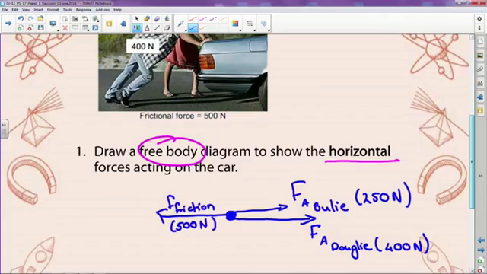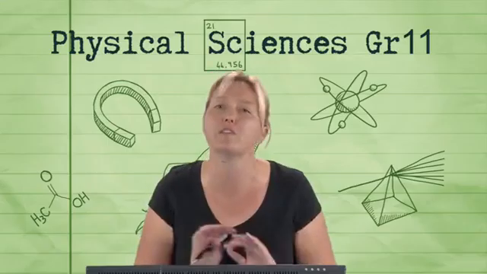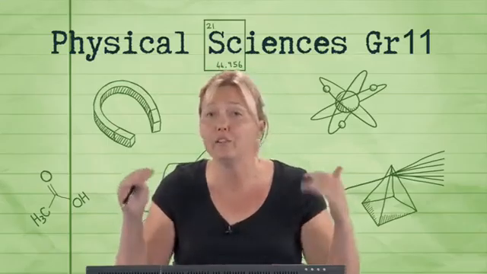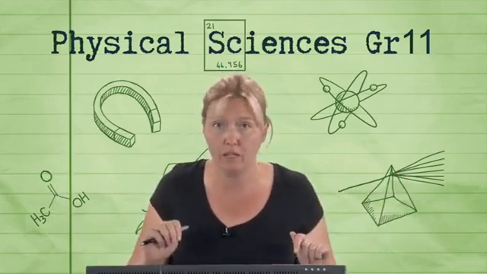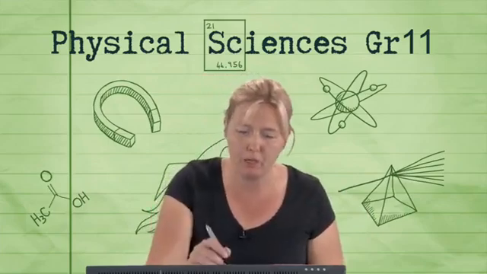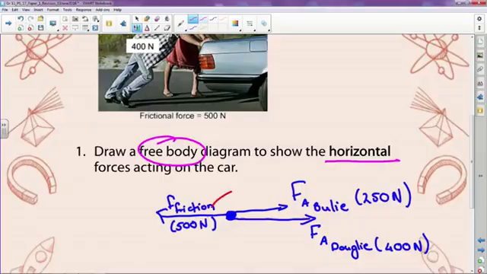Because it says the horizontal forces, it doesn't ask us for a net force. I need to indicate two forces acting to the right and the one acting to the left. And the most important part, the one that people really get wrong, is that it's not a square, it's a nice big clear dot.